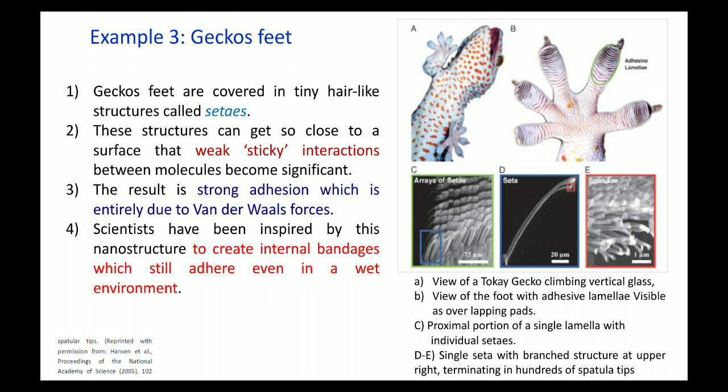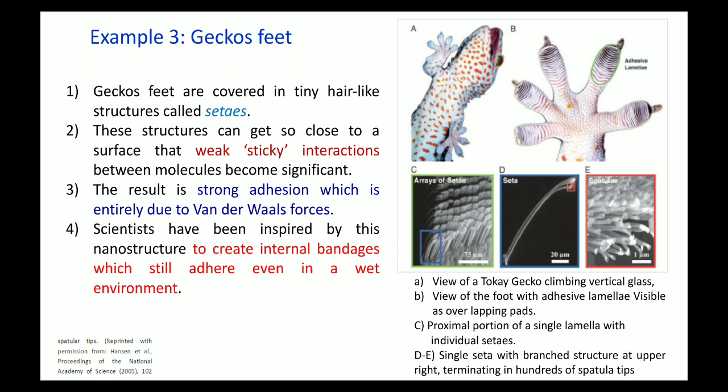What happens if the child fires it at a glass? The bullet goes, and because that rubber tip is there, it gets stuck to the surface of the glass. If you understand what I am talking about, that kind of interaction is basically happening in the gecko's feet, but it is happening at the nanoscale.